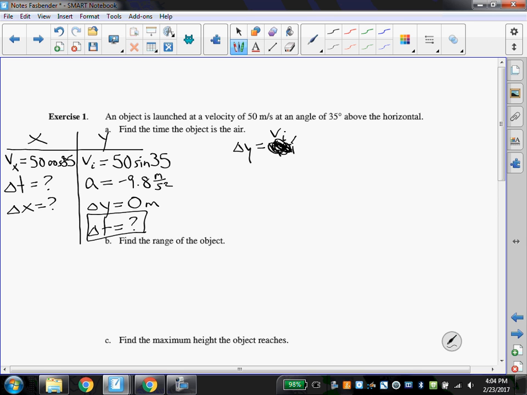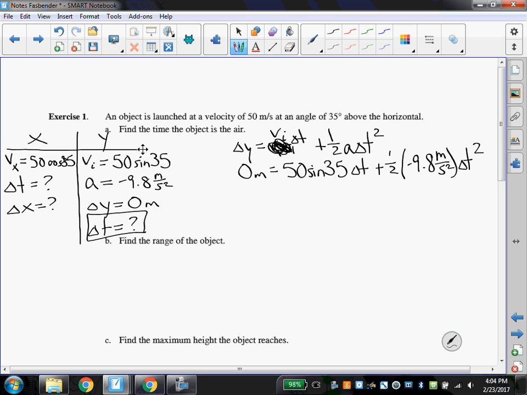So delta y equals vi delta t plus 1/2 a delta t squared. And now we can fill in everything we know. Our delta y is 0 meters. Our vi is 50 sine of 35 times delta t plus 1/2 times negative 9.8 meters per second squared times delta t squared.